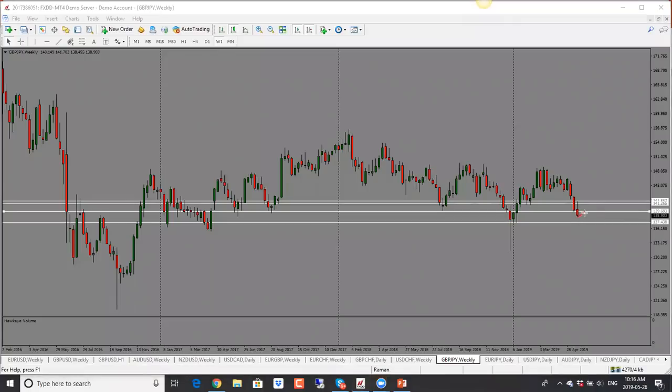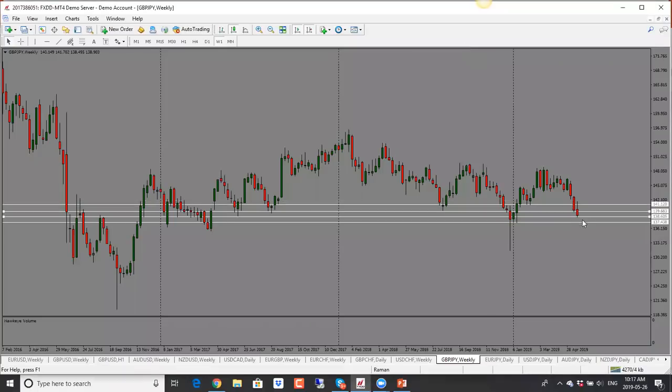So looking for a potential pullback into the 139.70 level and then a drop, or we could get a slightly bigger pullback and see price go into the 141 level. So either way, I would look for a pullback and then a drop. So bias is bearish, looking for a move something like this. So target here will be 137.50. And if it continues on, it could go lower.